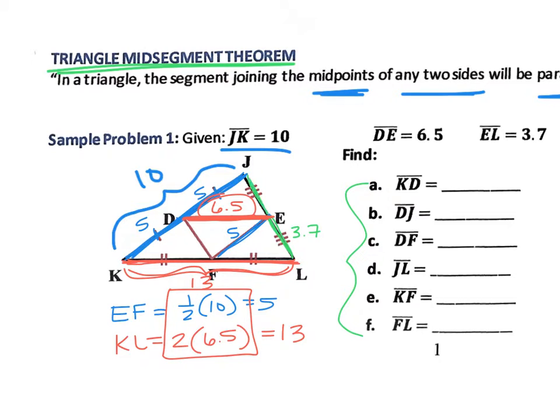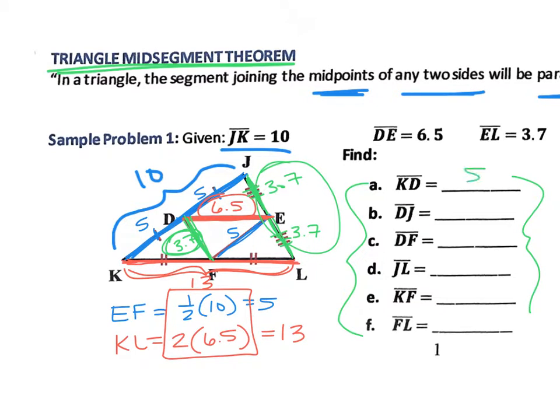Okay, finish this up. JE, what is that? 3.7, right? These are marked congruent, so that's going to be 3.7. So what is this side right here, DF? 3.7, okay? If you look at it, 3.7 and 7.4, one is half the other. So if you want to go through and fill these all in, let's see.